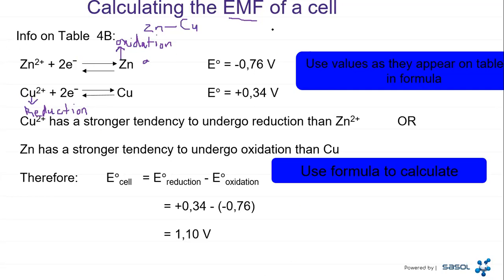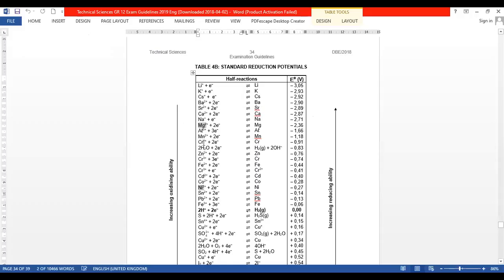Now, this is what I want you to see. Look at table 4B. Can you see that there we have Zn2+ plus 2 electrons forms Zn, and then we have Cu2+ plus 2 electrons and it forms Cu.